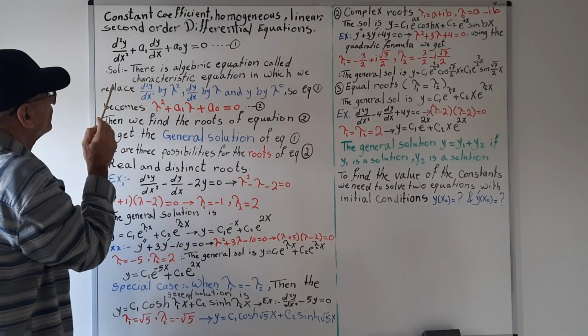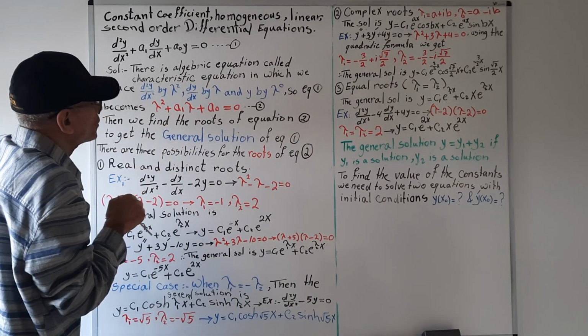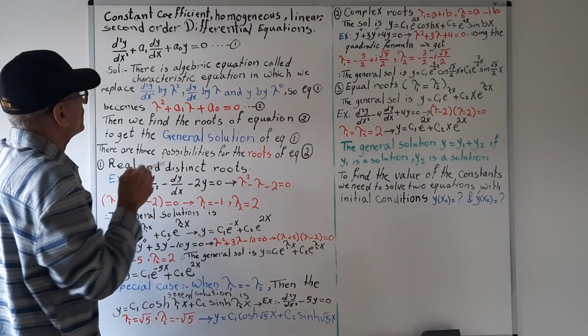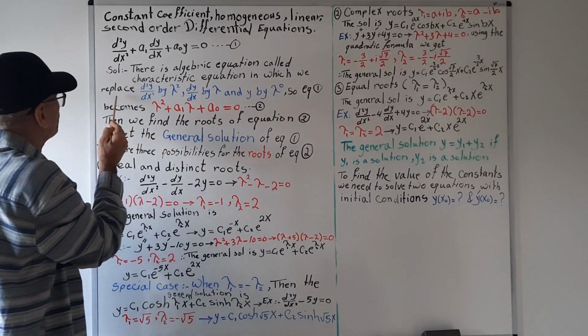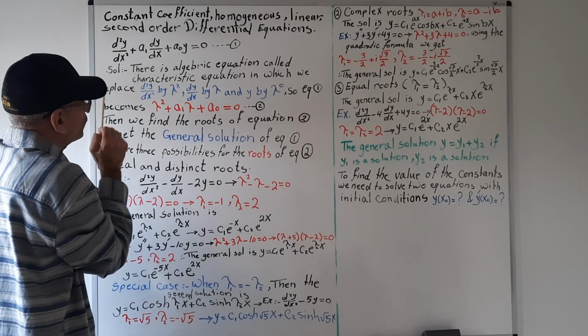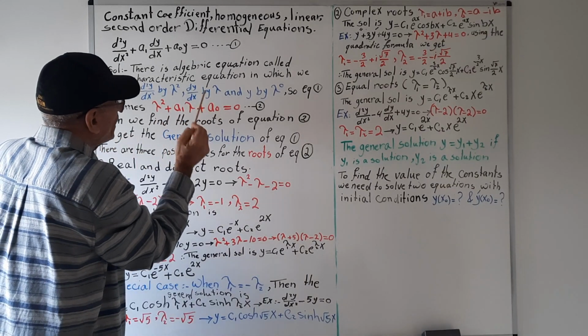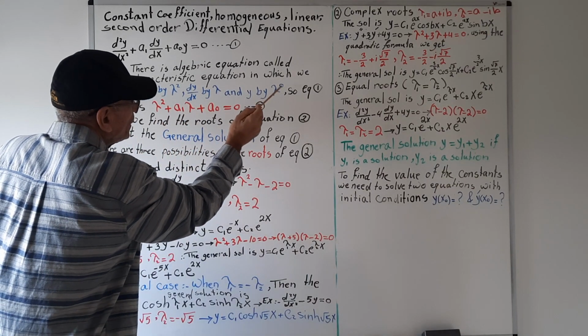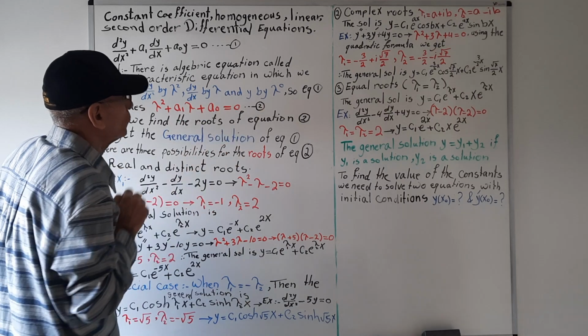The solution: there is an algebraic equation called the characteristic equation, in which we replace the second derivative by lambda squared, the first by lambda, and y by lambda to the power 0, which is equal to 1.